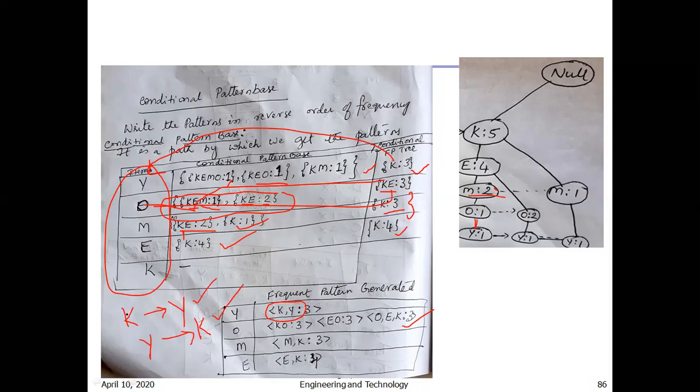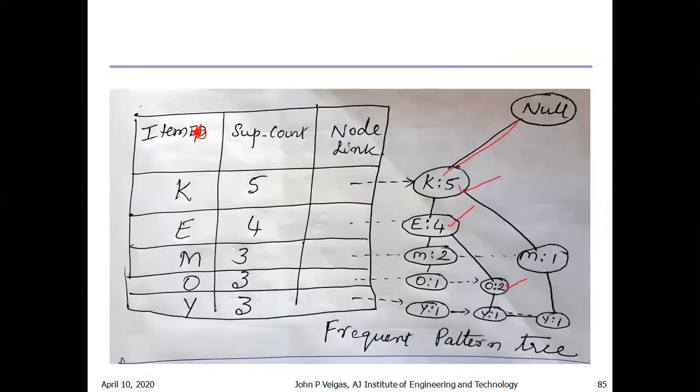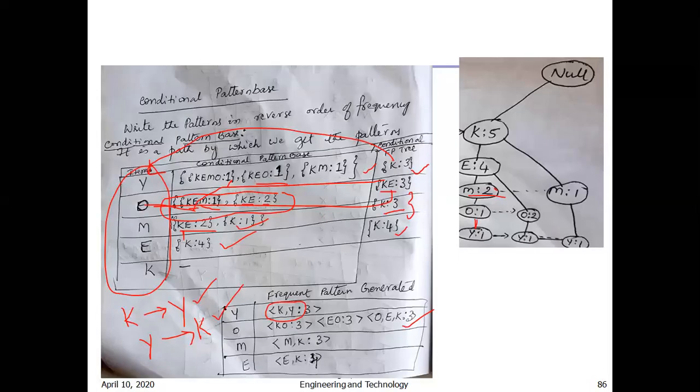So support count of K and Y together is 3, divided by support count of only K, which is 5. So that is the confidence: 3 by 5. What is 3 by 5? 0.6.